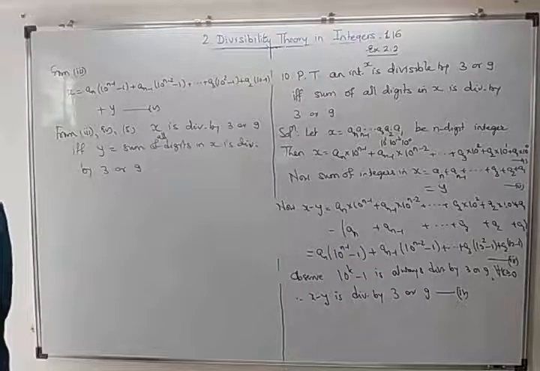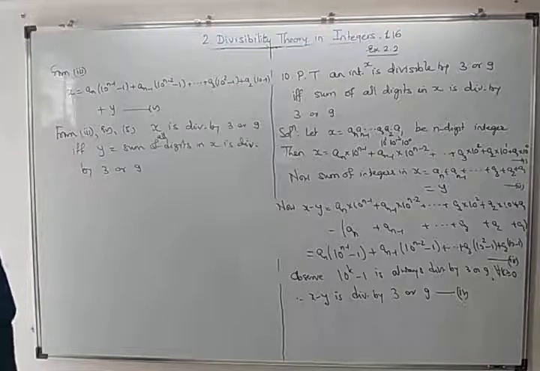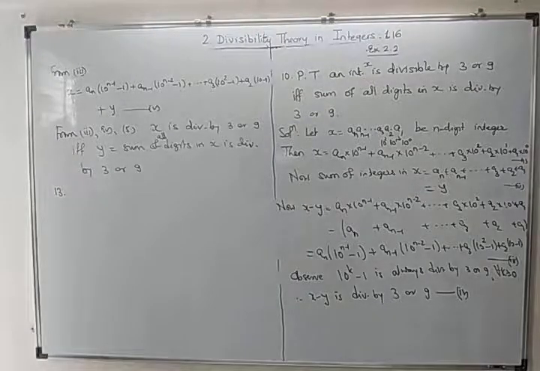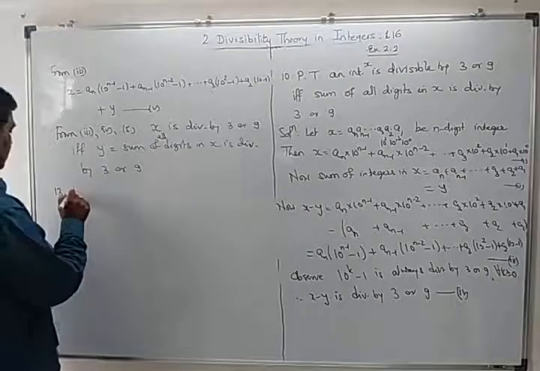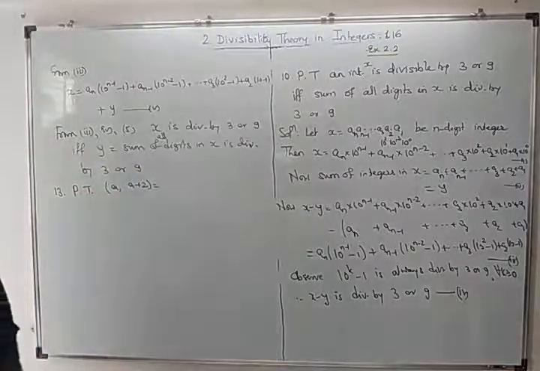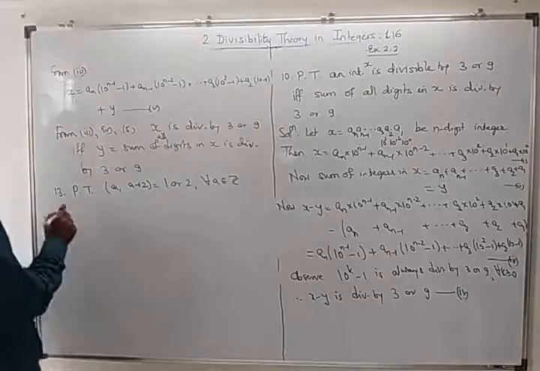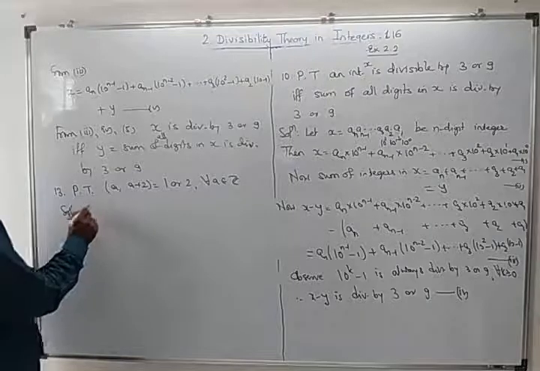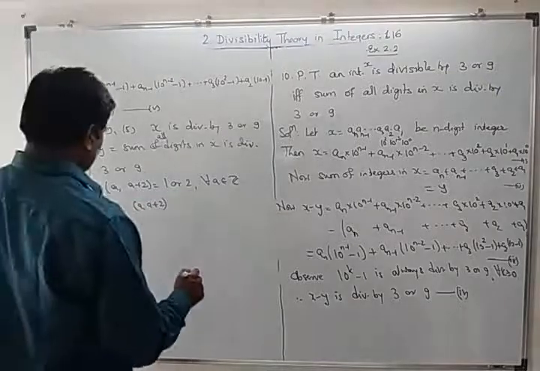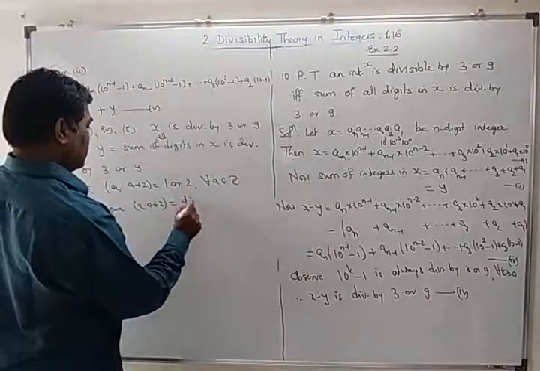Next example, example number 13: prove that for any integer a, the GCD of a and a plus 2 is 1 or 2 for any a belonging to Z. Solution: suppose the GCD of a plus 2 and a is d greater than 0.